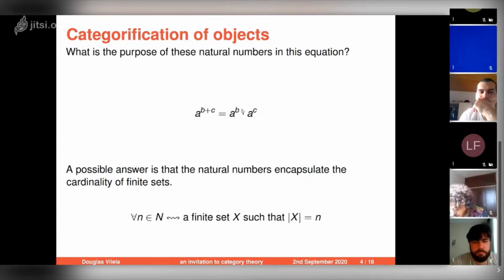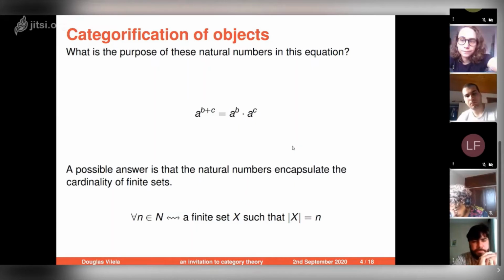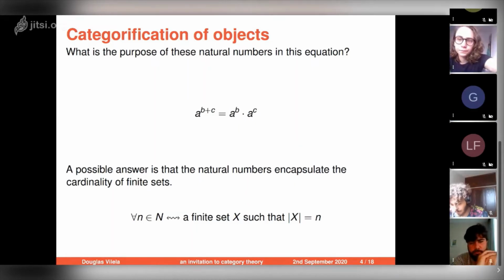So for every natural number we will find a set, which is not hard to find. There is a canonical way to find that, such that its cardinality is that natural number. As we can see in this equation, we just use three natural numbers.